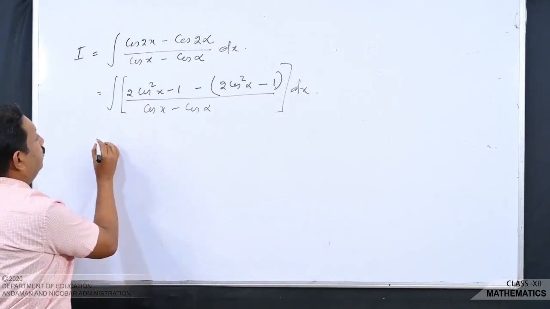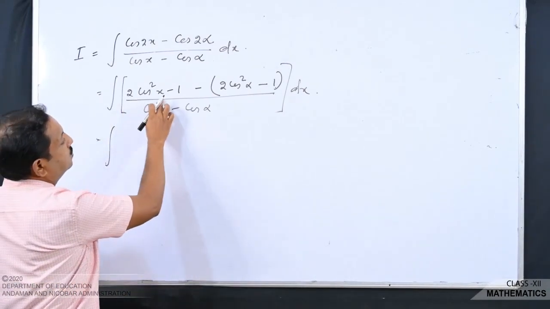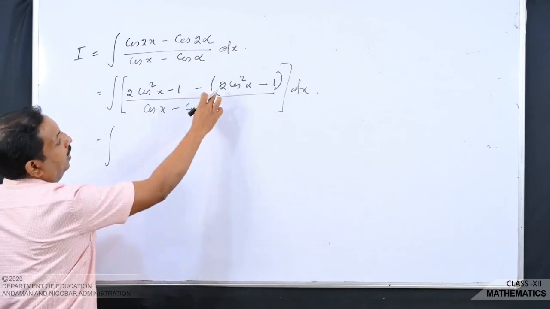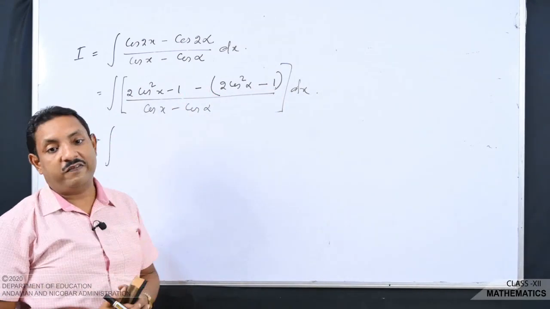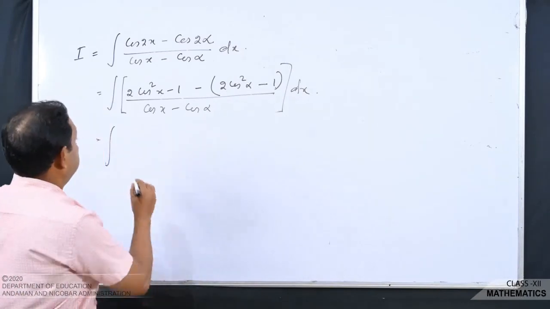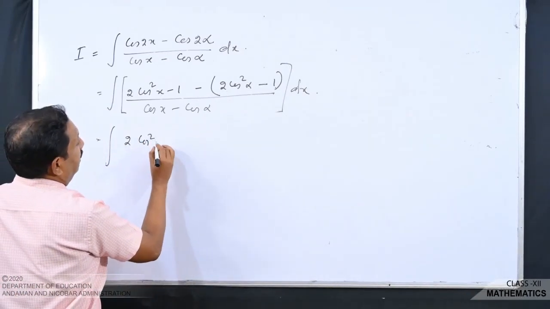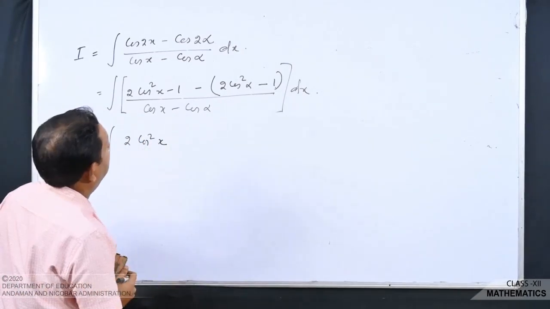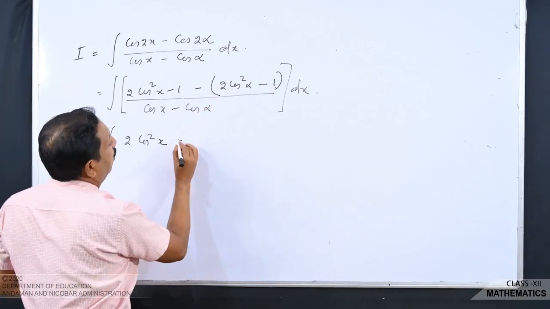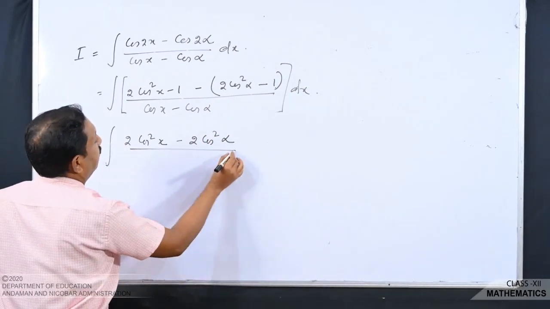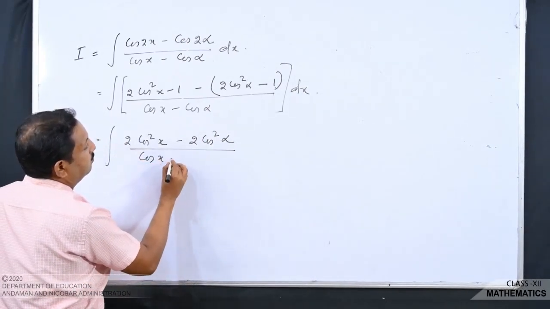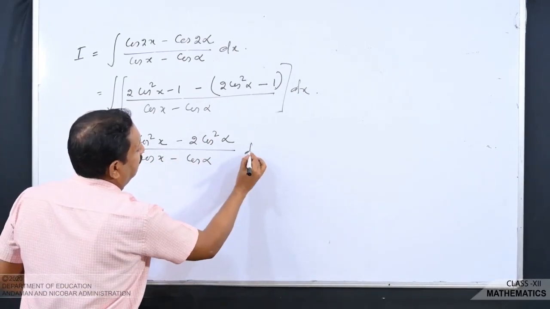So this is equal to integration of 2 cos square x minus 1 minus 2 cos square alpha and plus 1. This plus 1 minus 1 we can cancel out. The remaining part is 2 cos square x minus 2 cos square alpha divided by cos x minus cos alpha and dx.